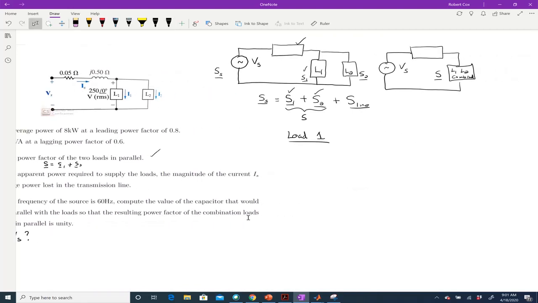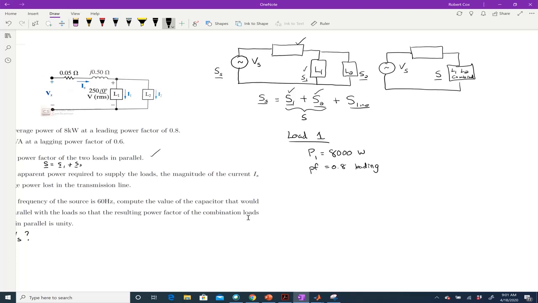I'm told for this load that P1 is 8 kilowatts, or 8,000 watts, and that the power factor is 0.8 leading. So I'm told two of the things that I said I needed to be given, so I'm almost good here with everything I need.